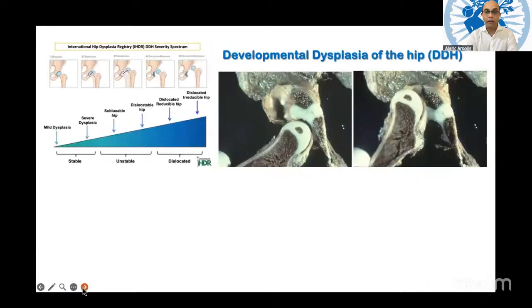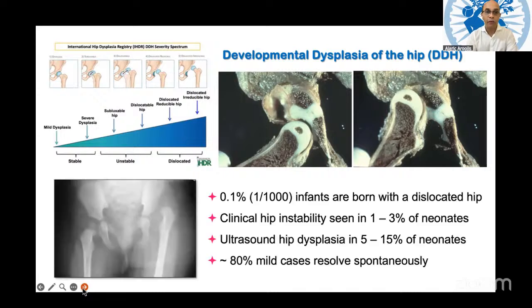As Claire and the other speakers have shown already, we know that DDH is this large spectrum that ranges from a very mild dysplasia, which is virtually undetectable by clinical methods, to a completely dislocated hip, which is often irreducible. And we also know, as Claire rightly pointed out, that though we talk of an incidence which is 1 in 1,000, clinical hip instability, especially if we check soon after birth, after the age of 6 weeks, because of the laxity in the ligaments, you can have instability in 1 to 3%.